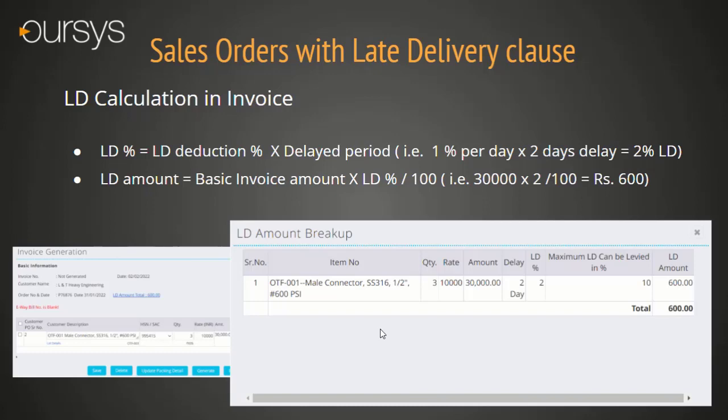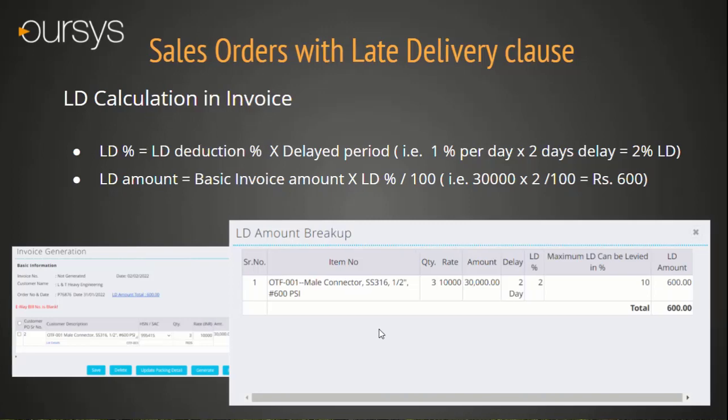Based on our SO LD clause, the LD percentage calculation is LD deduction percentage as per SO into delayed period of delivery, that is 1% per day into 2 days of delay, equal to 2%. The LD amount is equal to the basic amount of each item into LD percentage divided by 100, that is 30,000 into 2 divided by 100, equal to 600.